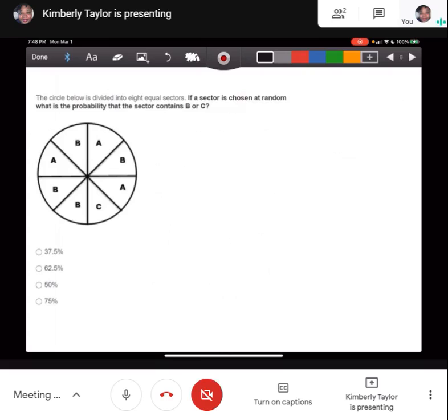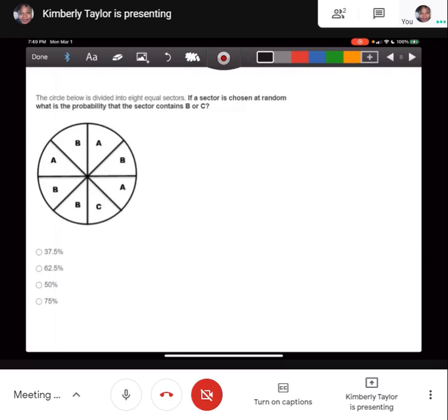It says the circle below is divided into 8 equal sectors. If a sector is chosen at random, what is the probability that the sector contains B or C? Okay, so probability is really like percent, like part over whole.